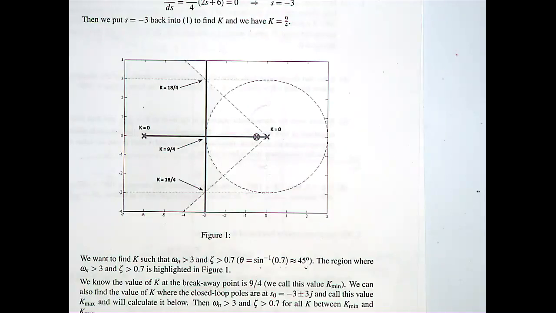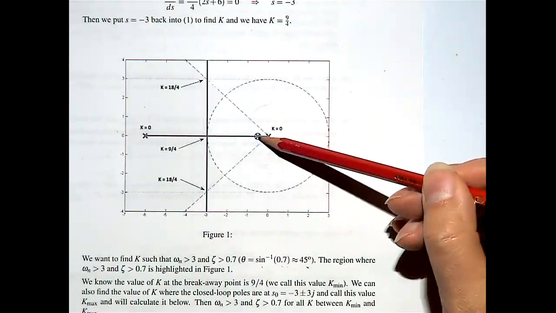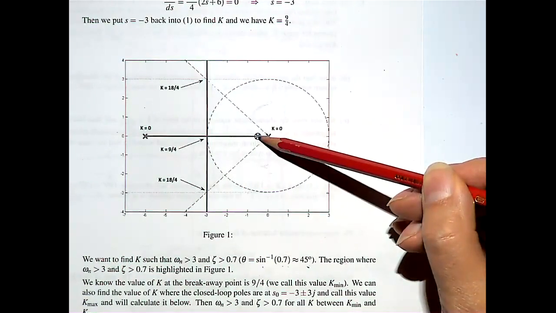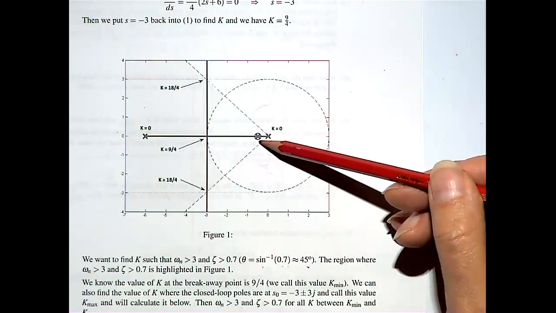Now, what's cool about this example, how it's chosen, is, by the way, this pole zero cancellation, you will see, we are not at all worried about it because the effect of the pole and zero are cancelled. So we are still talking about a second order system as if there were no other poles, no zeros, right?